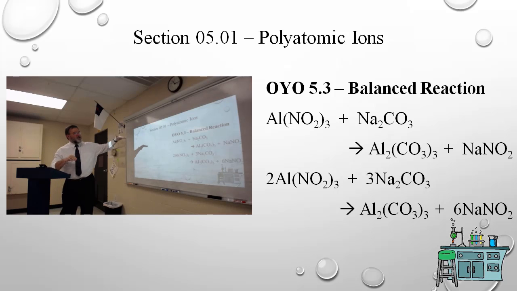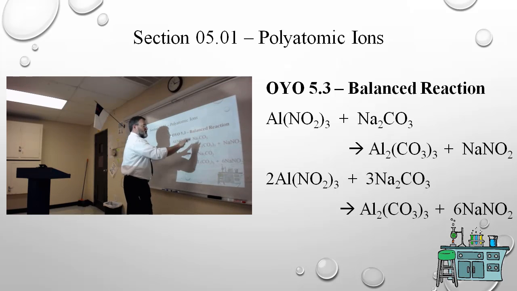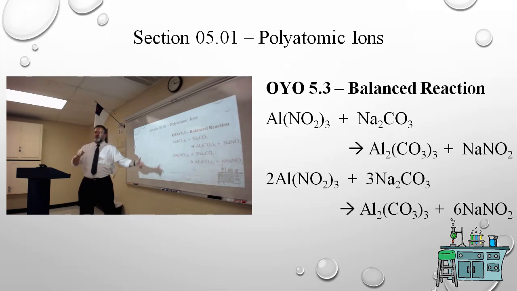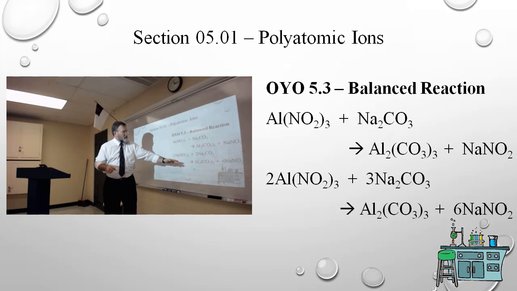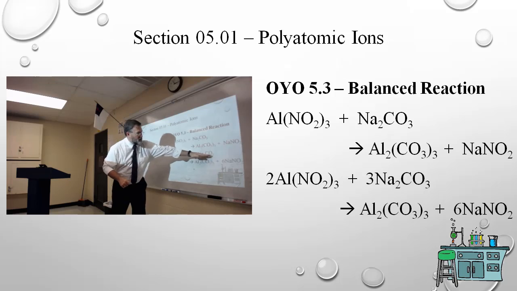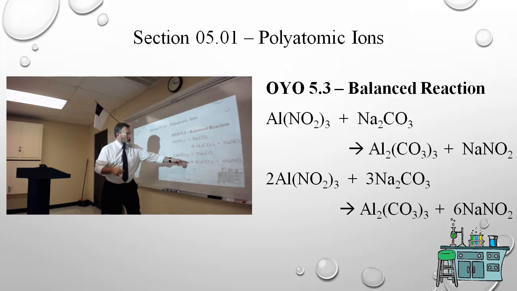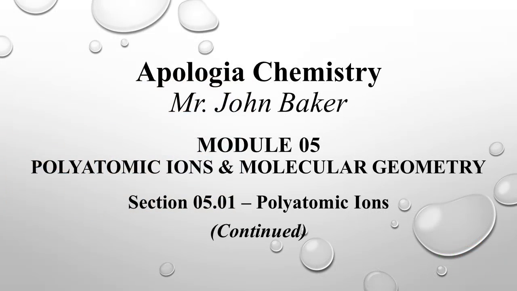If we go through each element, and each polyatomic ion, we then have the ability to say, I can generally say that this and this react to produce this and this, but more specifically because of the numbers up here, I could say for every 2 of this molecule, it reacts with 3 of this molecule and produces 1 of this molecule and 6 of this molecule from the information that we had to begin with.